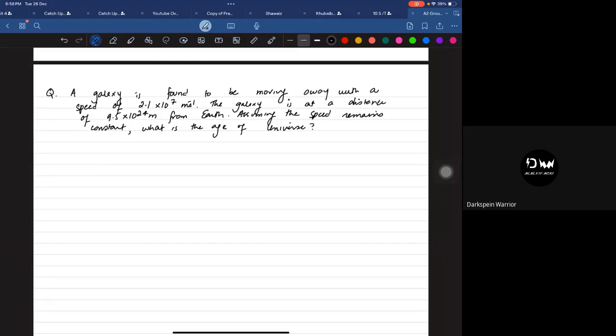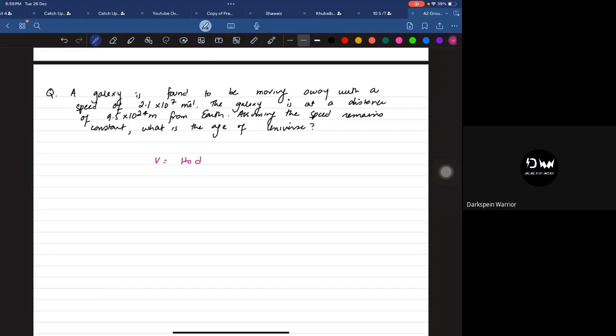No, wrong. Very bad. Oh, 4.52. That is seconds. You need to find it in years. All right, then first divide this by 60 to get it in minutes, divide by 60 again for hours, divide this by 24 for days, then divide by 365.